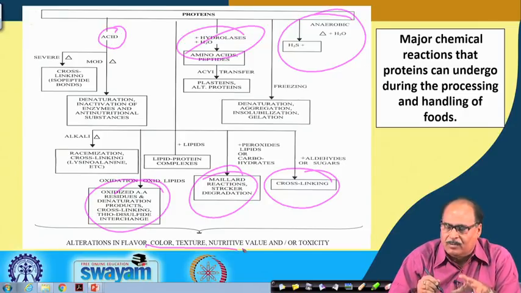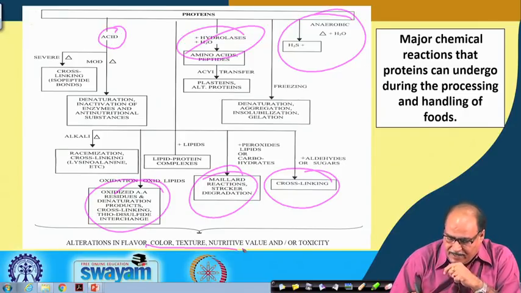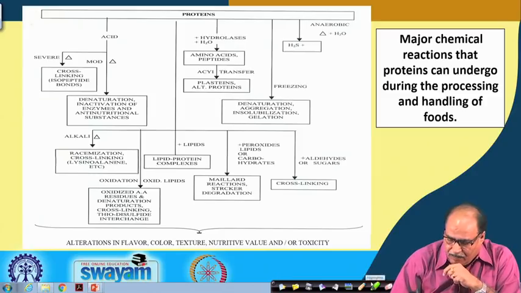So, this gives you the major chemical reactions which take place in the protein constituents and their interaction with other components of the food.